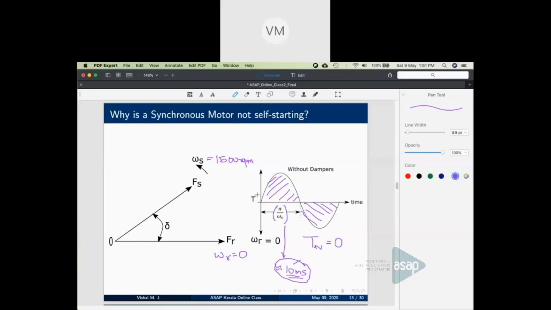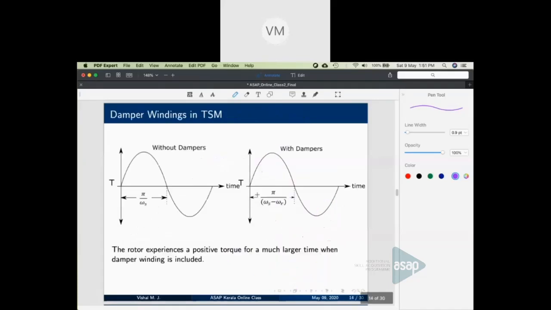Why do we need dampers to do that? Dampers are nothing but solid copper bars embedded on the rotor poles and they are short circuited, which means at the time of starting, a synchronous machine starts like a squirrel cage induction motor. Without a damper, this is the case. With damper, this is the case.